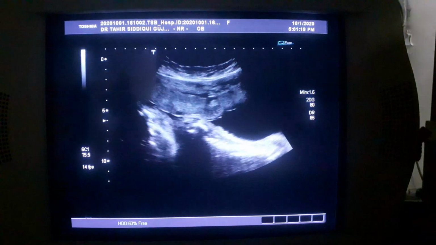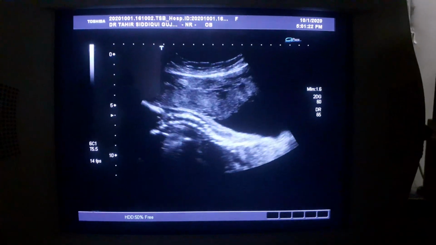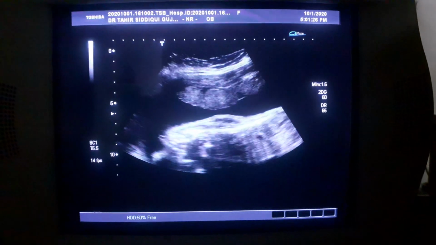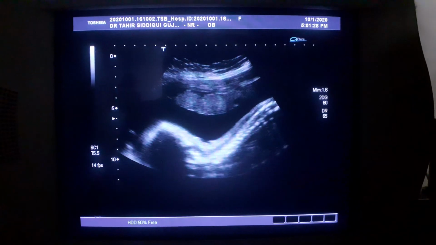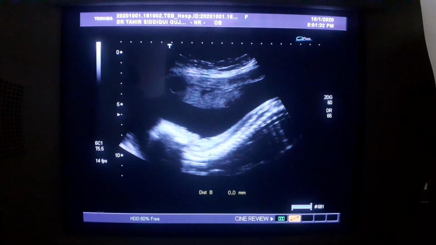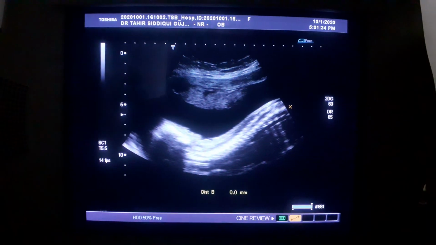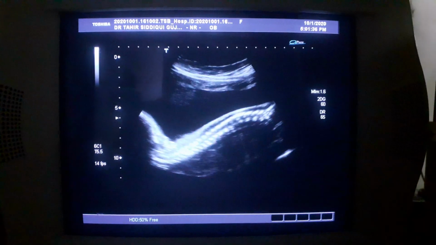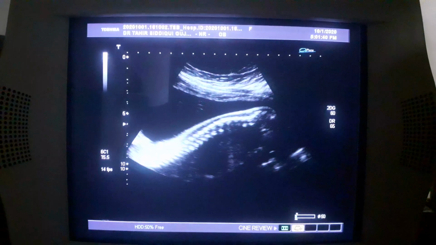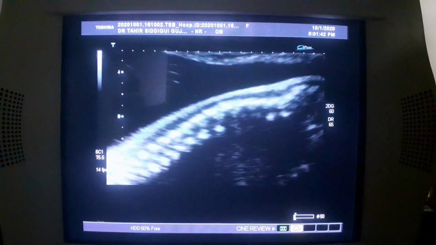This fetus is very active, hyperactive. Now you see that if you follow from the head, the vertebral column up to its caudal region, so it's normal. There is no anomaly in this region.